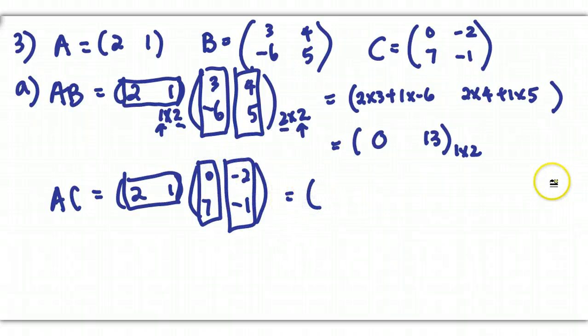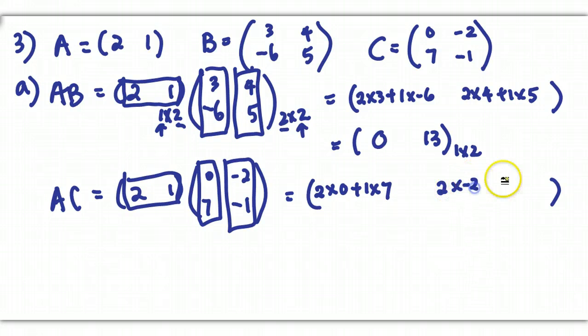First element is taking the row times the first column. Second element is taking the row times the second column. And you should end up with 7 and negative 5.